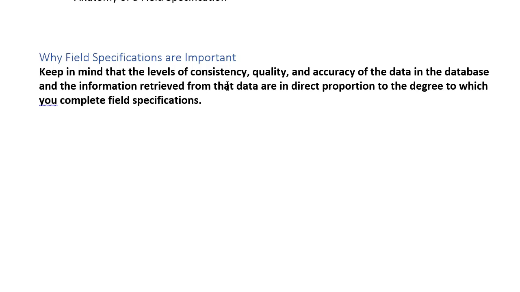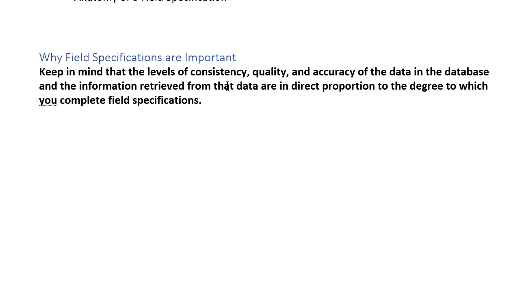That is, if you're going to ask for state, let's say the column name is state, the spelling of that state has to be the same from record to record. That way, when you're searching for all the records that match that particular state, you only have to look for one spelling of that state. So that's what we mean by consistency.